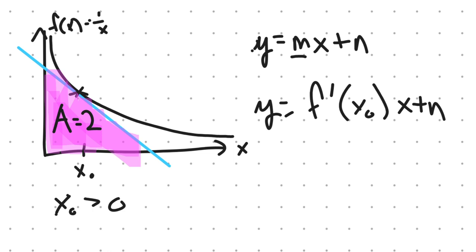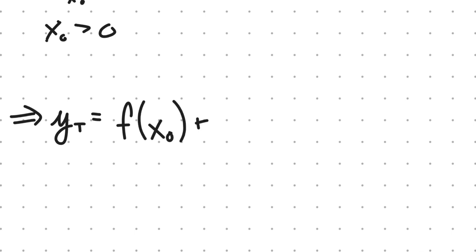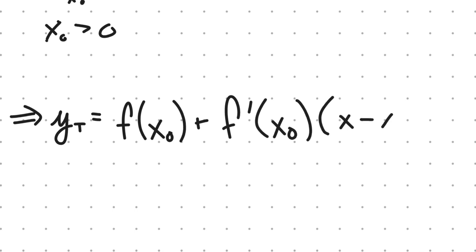Now, there's a specific formula for the tangent line. I'll just skip ahead and show you the specific formula. I'll call it y t is equal to the function at x0 plus the derivative at x0, and then parentheses x minus x0.